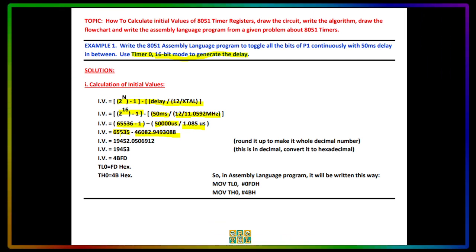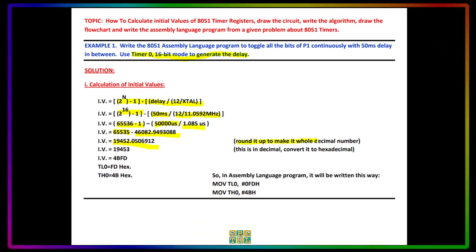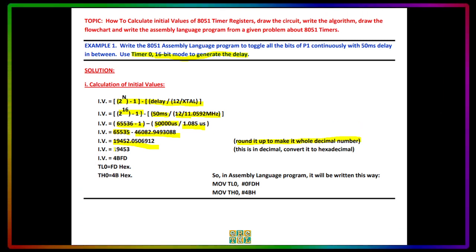And if you subtract that from 65535, we will get 19452.0506912. And we need to round this up to make it a whole decimal number. We have to cancel the fractional part, or the decimal part here, which is 0.0506912. So rounding it up, we will get 19453.